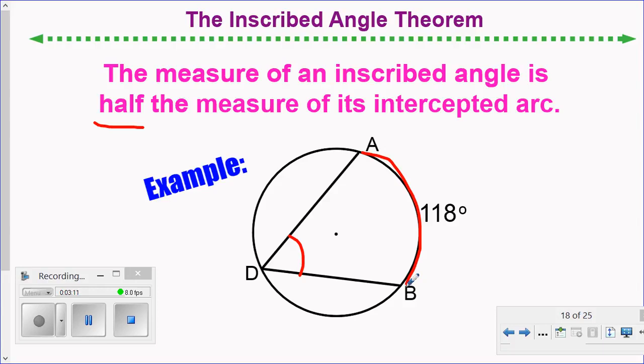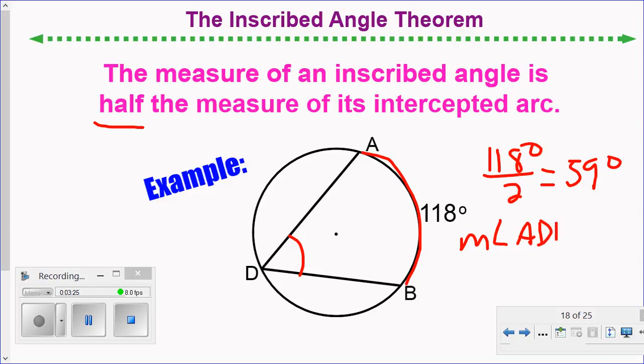So 118 divided by 2 would give me 59 degrees. So the measure of angle ADB, which is an inscribed angle, is 59 degrees, half of 118, the intercepted arc.